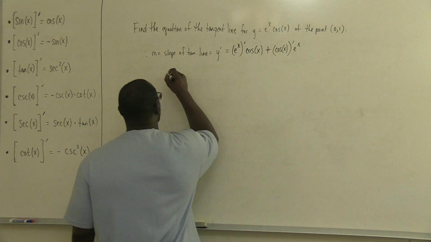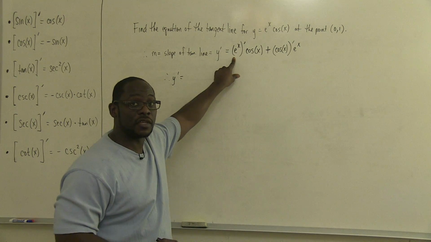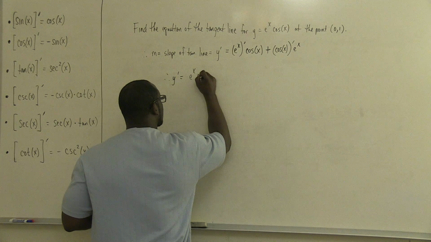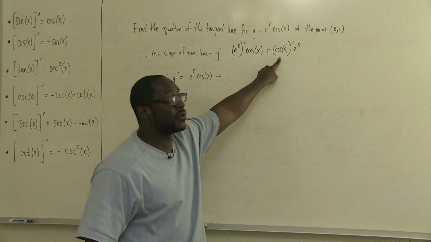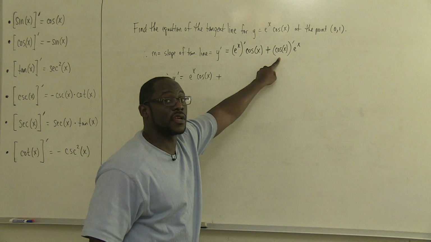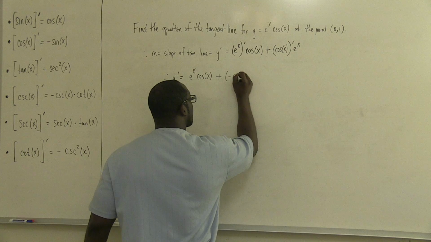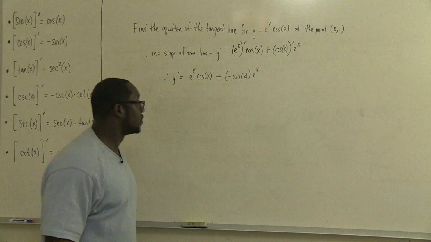And so we keep going with this. We know that the derivative of e to the x is just e to the x. Write down cosine of x plus the derivative of cosine x is just minus sine x, as we see here, times e to the x.